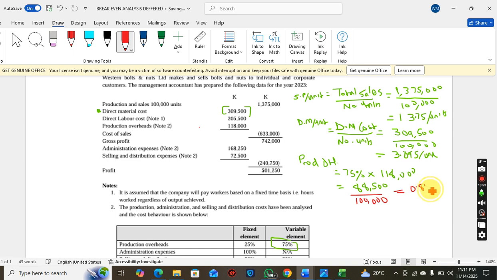Are you also getting 0.885? What's the next one? The administrative expenses. The variable production overhead per unit is 0.885.